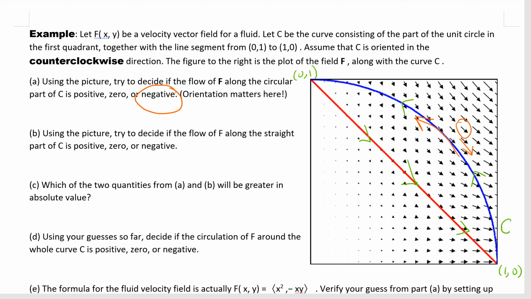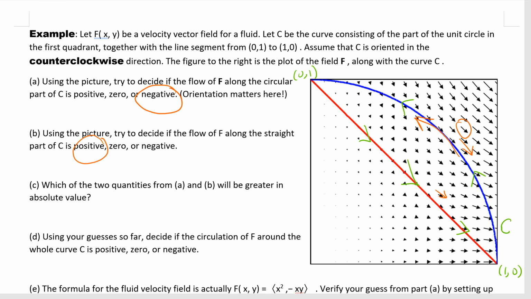Work done is for force, but if we have fluid, then we have circulation or flow. Okay, part B, using the picture, try to decide if the flow of F along the straight line is positive, 0, or negative. Well, because it looks like they go in almost the same direction, we expect the dot product will be positive.